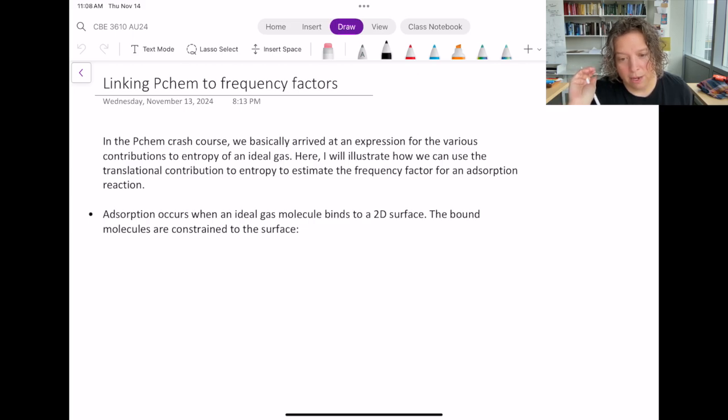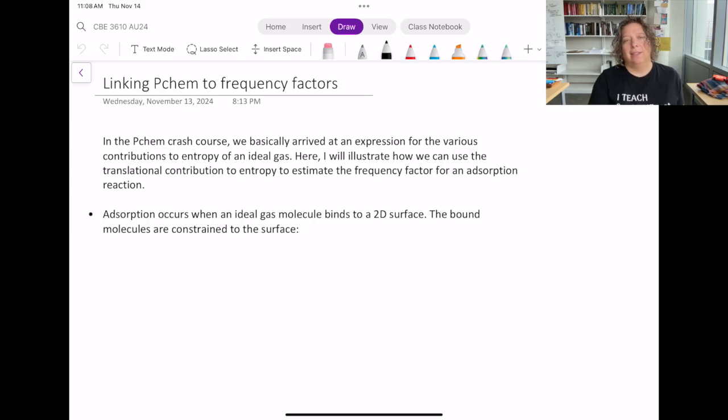If it's an atom, if it's a gas atom such as helium, then you're going to get rid of the vibrational and the rotational contributions to that. That said, since we're dealing with reactions, which is breaking and forming of bonds, we rarely are dealing with only atom systems. So we usually are dealing with systems where the contributions to entropy are going to be translational, vibrational, rotational.